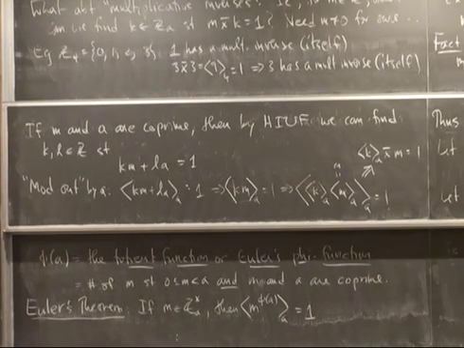So the mod A power of m to the phi of A equals 1. That's Euler's theorem. At least that's one form of Euler's theorem. Okay? Turns out this is really important.